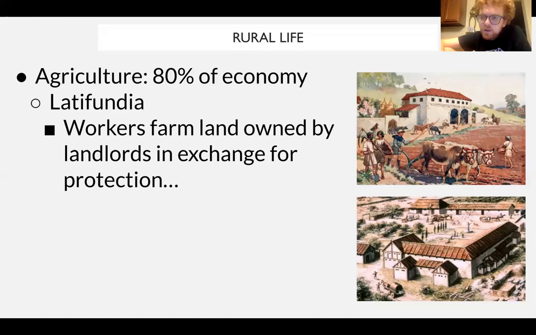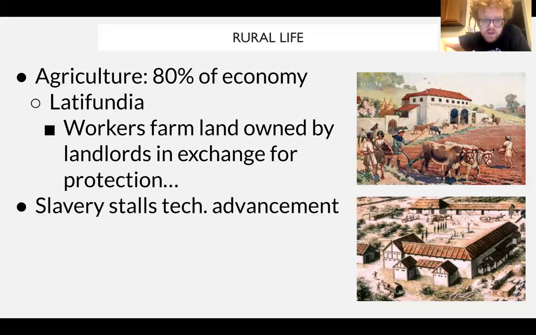So as latifundia become more and more politically independent from the Roman Empire, we are seeing the development of feudalism in the edges of the empire, in places like modern-day France, modern-day Germany, and modern-day England.